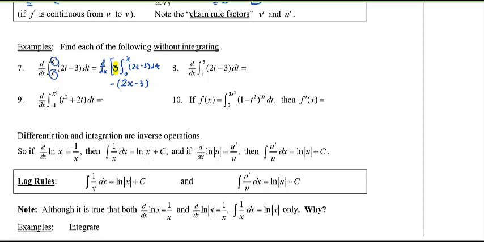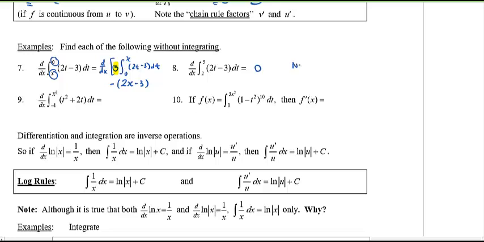Okay, how about the next one? Oh, interesting here. Yes. I'm plugging in numbers this time. What do you think happens when I take the derivative of a number? Yeah, it's just going to be 0.